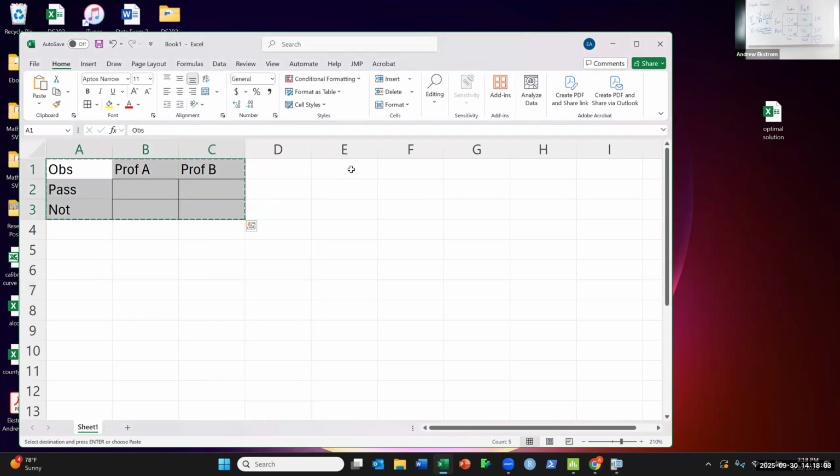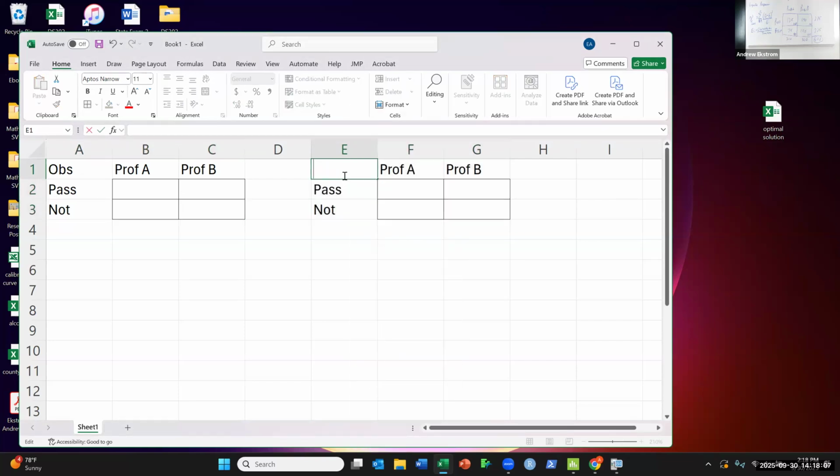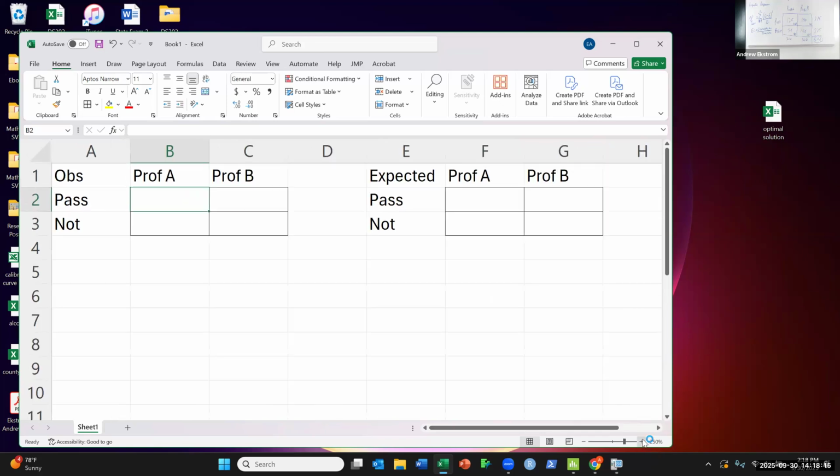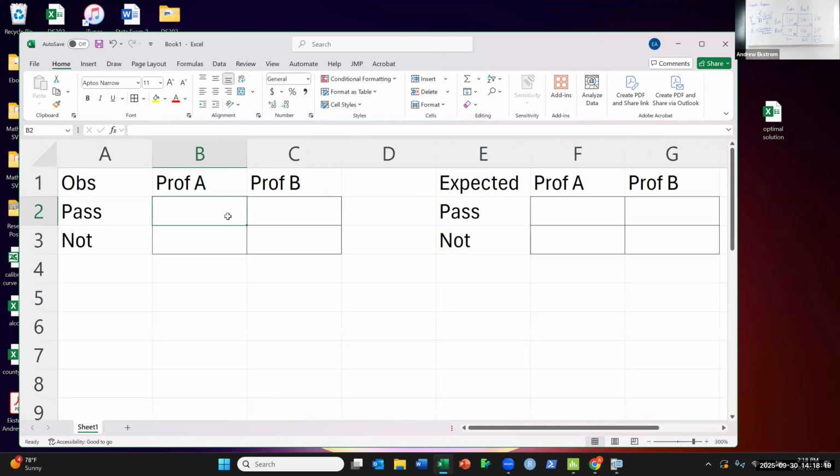Can copy this and paste it over here. This is going to be the expected data. So looking at the observed data, again, 125 and 75, then 150 and 150.